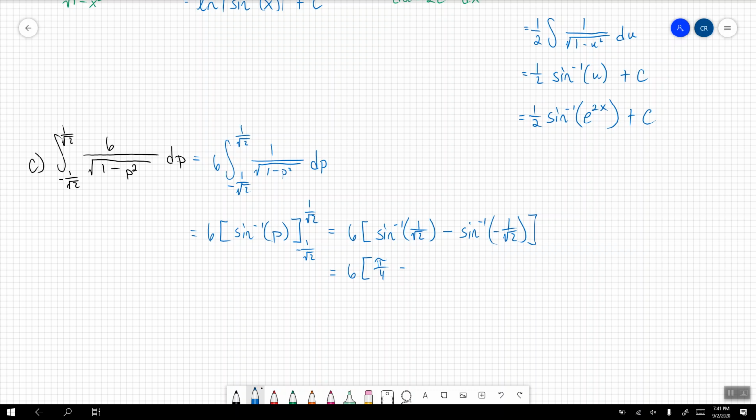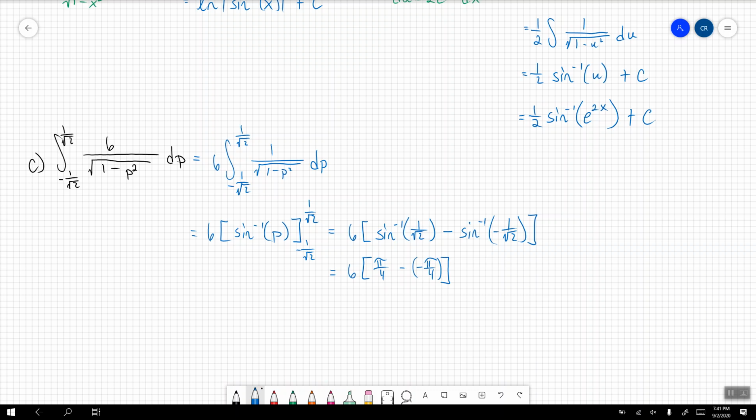It is negative on the 4th quadrant, and it's also negative on the 3rd quadrant. So, because of this, the evaluation must be on the 4th quadrant. However, the evaluation must be used for the angle measurement that we're observing, which means sine inverse of negative 1 over root 2 is just going to be negative pi fourths.